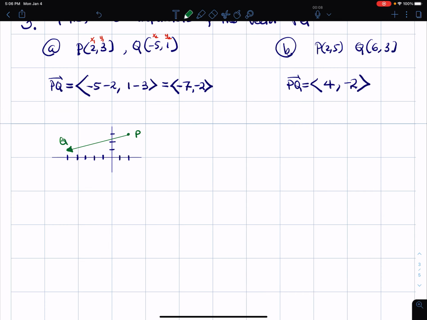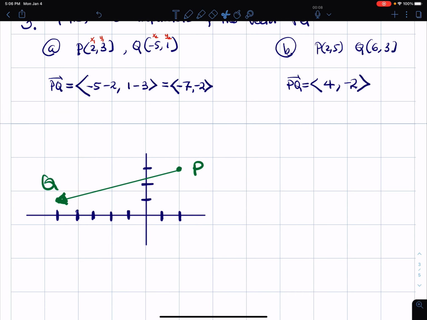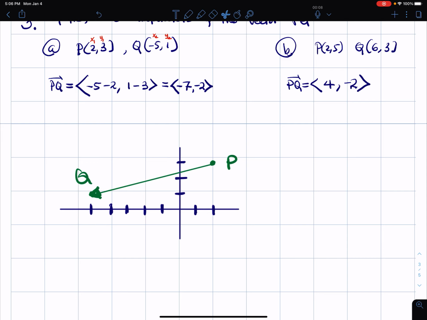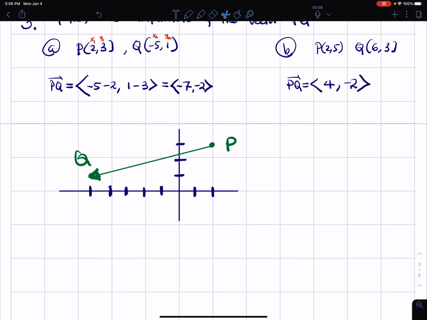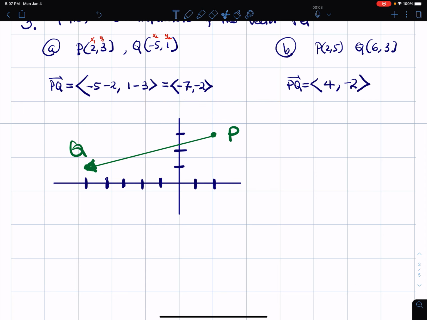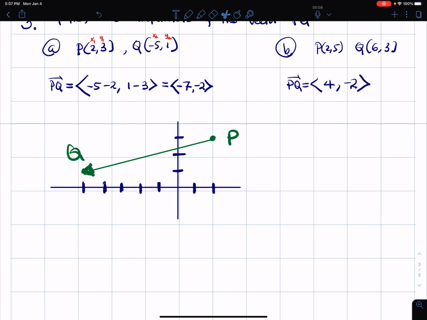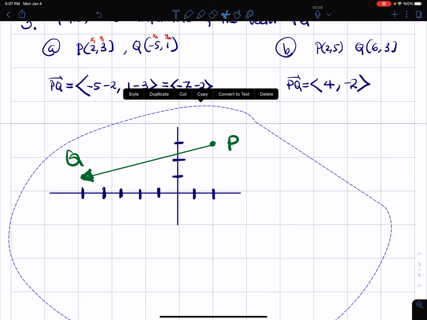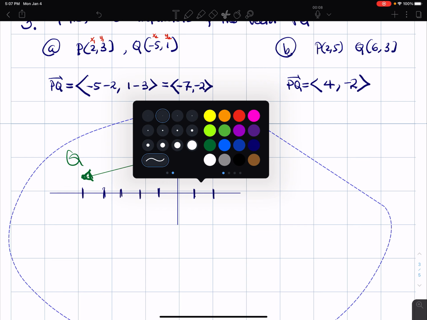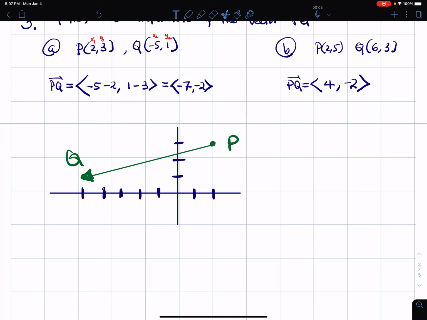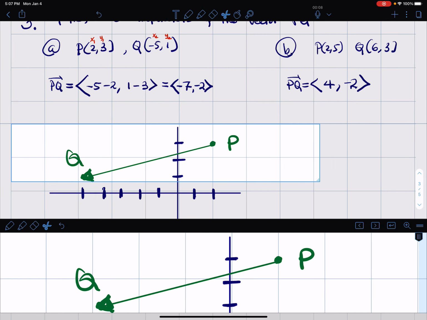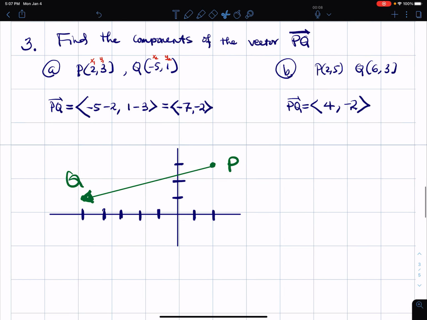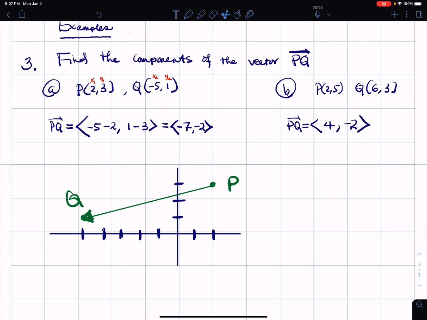All right, so what I'm going to do now is make this a little bigger. Okay, that's good enough. That's our vector PQ for the A part of the problem. Let's not worry about the B part, but that's how you get the idea. It starts from P, which is 2, 3.